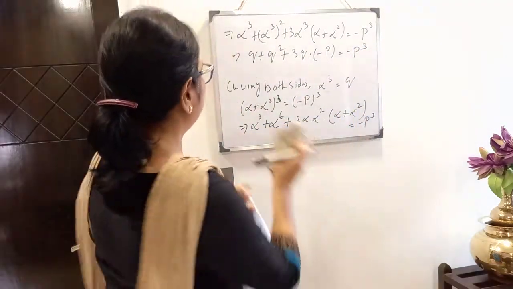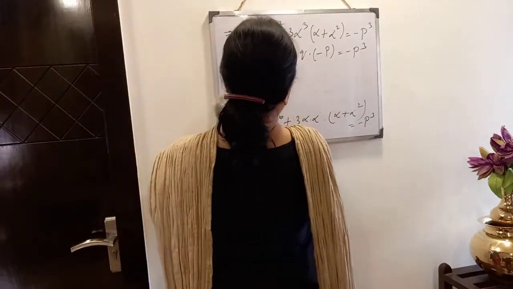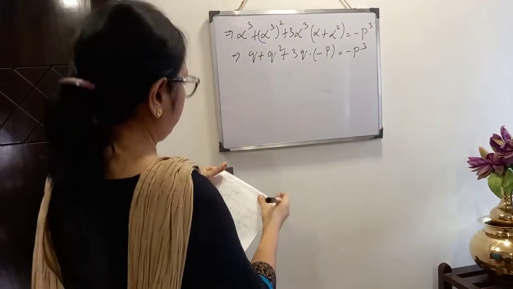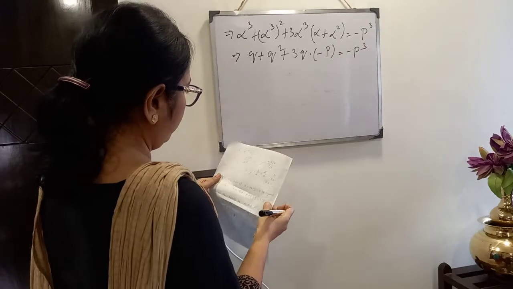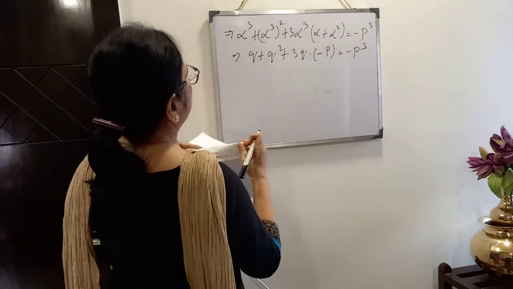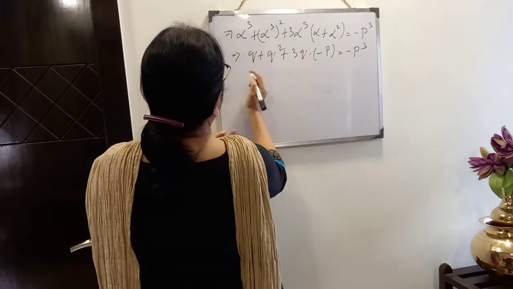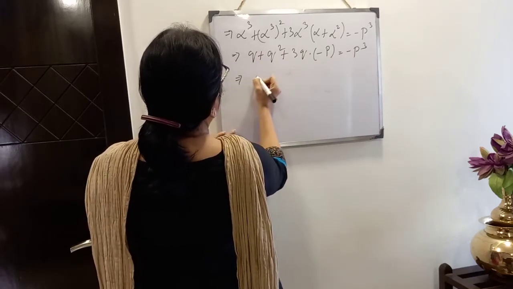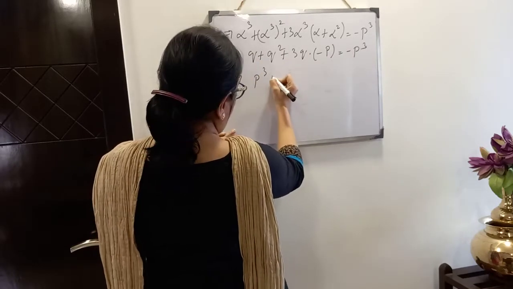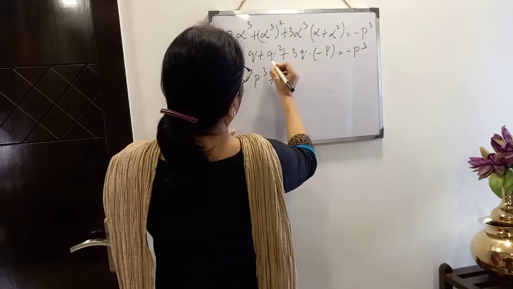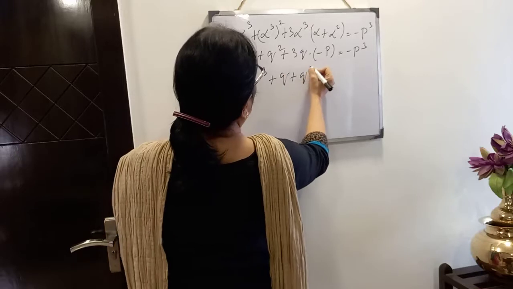Then what to prove? We have to prove p cube, negative, I am bringing this side, plus q plus q square.